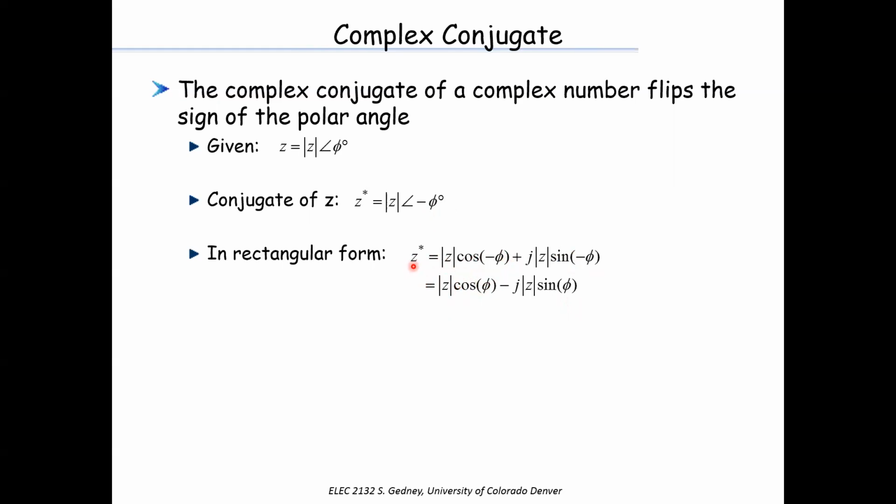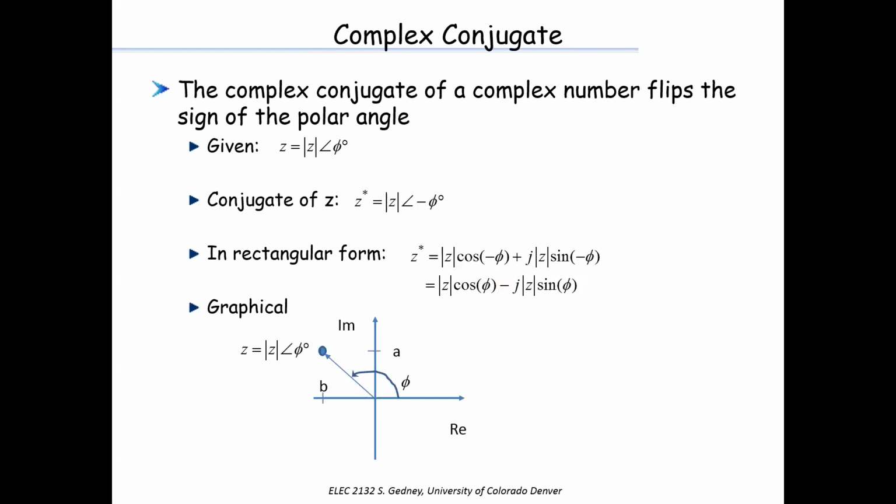So I see that z conjugate negates the imaginary part of z. So we have two properties of complex conjugates: we negate the angle in polar form, or we negate the imaginary term. That's the definition of a complex conjugate.